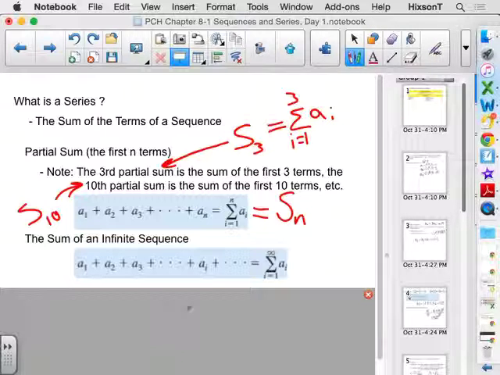Or if we're using the summation notation, we'll put the symbol for infinity as our upper limit. Okay? If we're using the S notation, we'll just use an S and put the symbol for infinity next to it as the subscript. Alright, so not too bad. We're just adding stuff up.